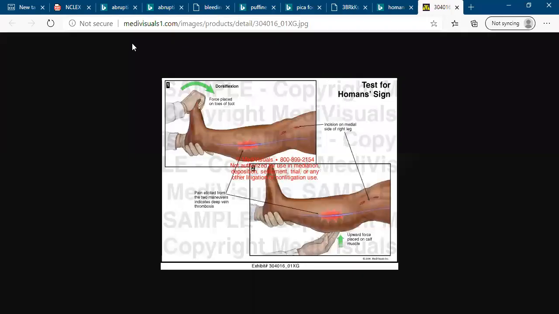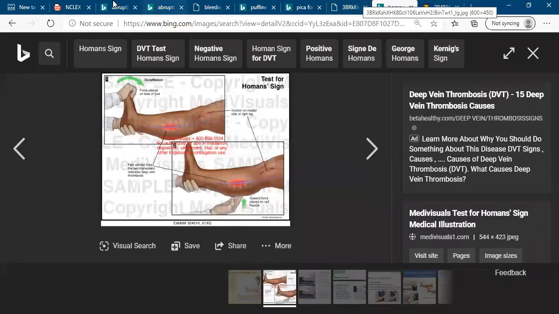I said if a mother complains of leg cramping, we should check for the Homan sign. If the Homan sign is negative, there is no risk of deep vein thrombosis. The Homan sign should be negative here.